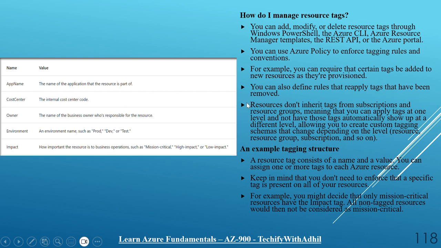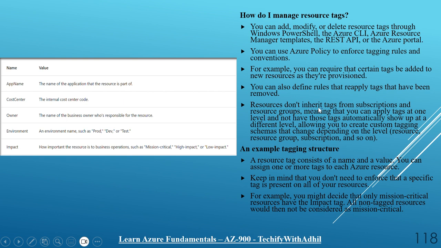You will have questions like: this particular subscription has a tag, say example tag 1, then there is a resource group created under the subscription, and the resource group has these resources, say VM1 and VM2. Then the question will be, what are the tags that VM1 and VM2 will have. So you will have to follow the logic of how tags function, then you should be able to get the answer.